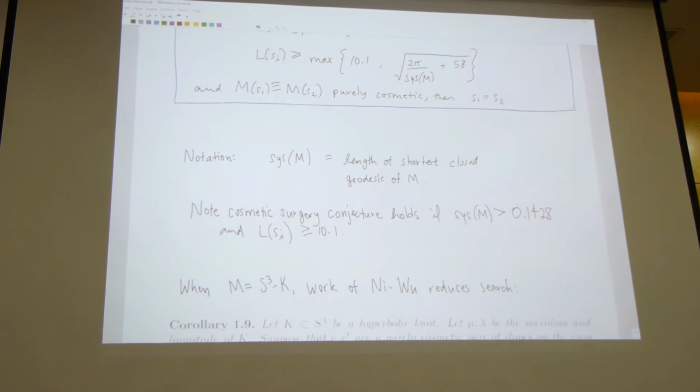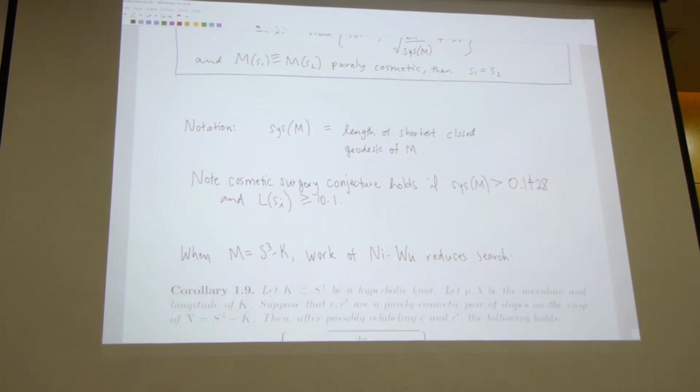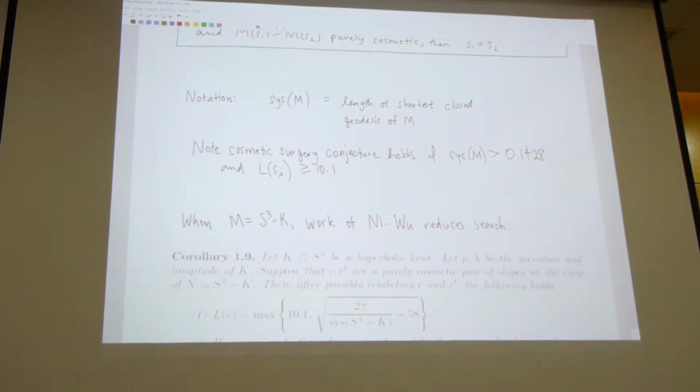Okay, so there has been a lot of work on this cosmetic surgery conjecture, especially in the Heegaard Floer realm. There's recent work of Ni and Wu that additionally will reduce the search.